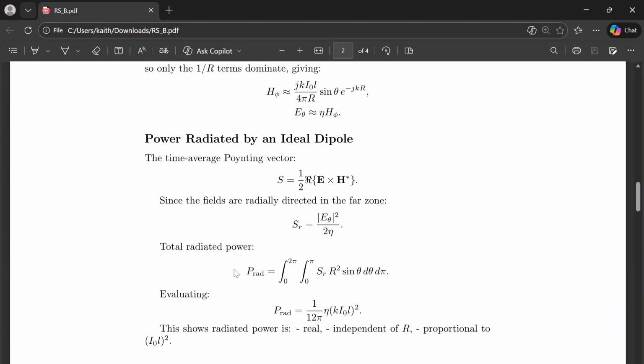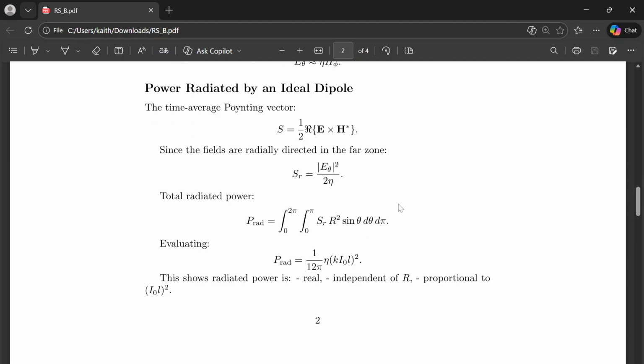That is what I have written here: the fields are radially directed in the far zone. So this Poynting vector simplifies to the magnitude of the electric field squared divided by 2 eta. Here eta refers to the intrinsic impedance, and its value is 120 pi or 377 ohms in air.